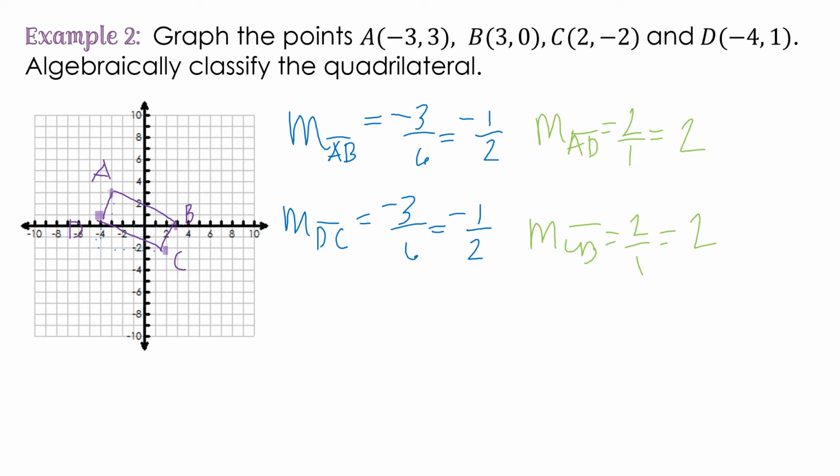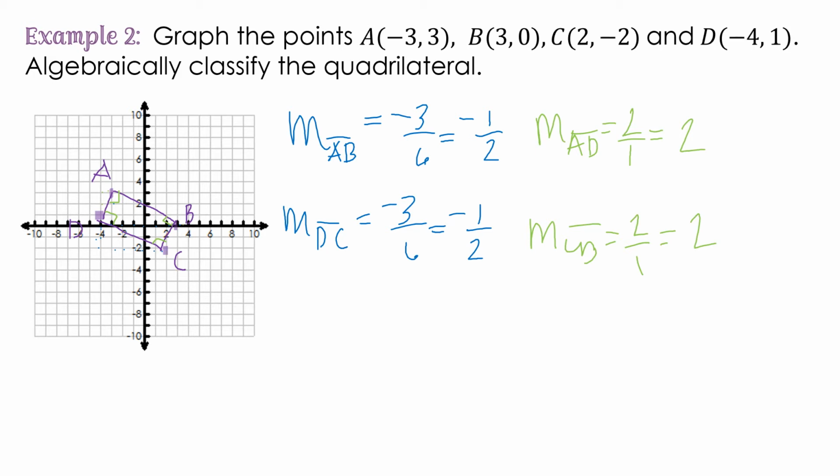Now, if we look at the consecutive sides, AB and AD, those are opposite reciprocals, and so are CD and CB. So that means those are perpendicular, which means it is indeed 90-degree angles, which makes this a rectangle.